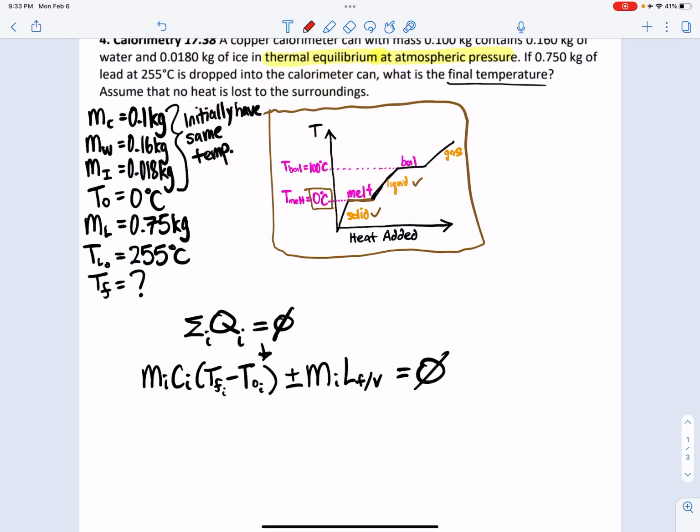So this part of the equation is the heat transfer necessary to change temperature within the same phase.